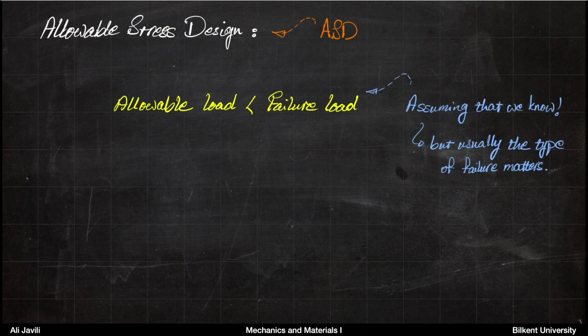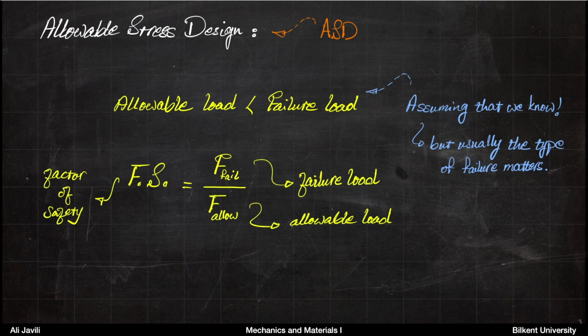Now, in this inequality, we just assume that we know what is the failure load. I mean, it usually matters what type of material you talk about and what type of failure mechanisms you're talking about. But assuming that you know what is the failure load, then you should design the structure such that you allow for less load compared to that failure load.